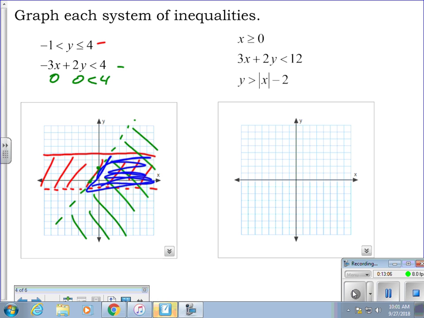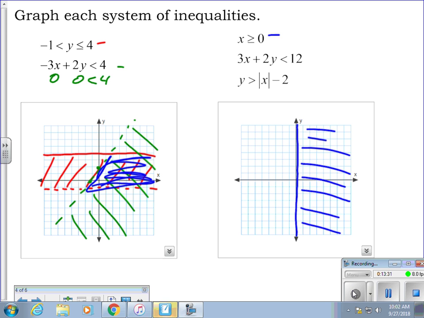Next one, I have 3. So I'll do the first one. X is greater than or equal to 0. Well, that's 0 on the x-axis. Or sorry, my bad. 0 on the y. 0 on the x-axis is the y-axis. And I want everything larger than that. So everything to the right of that. That eliminates half of the work. Do x, y intercepts for the next one.